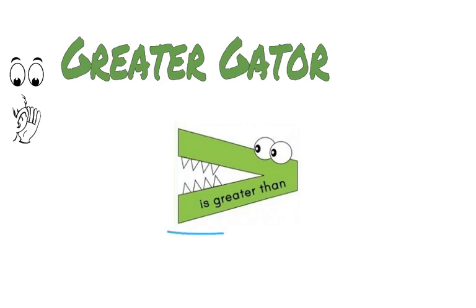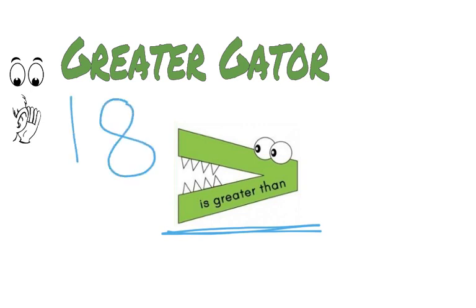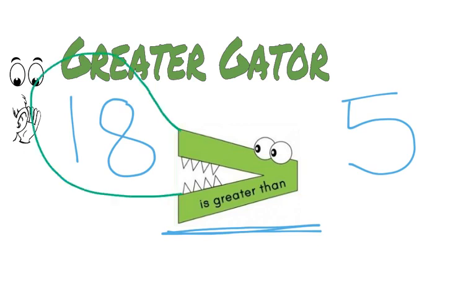This gator only eats the number that is greater than. So, for example, if we had 18 and 5, he's going to eat 18. Nom, nom, nom. He's going to eat that.